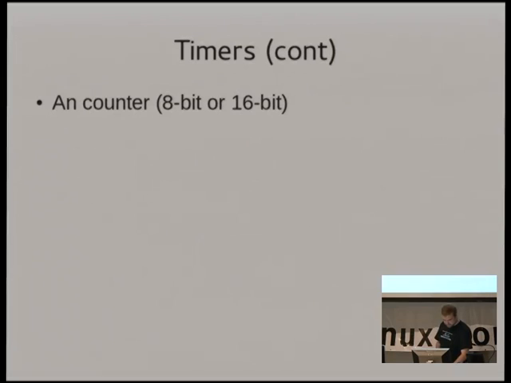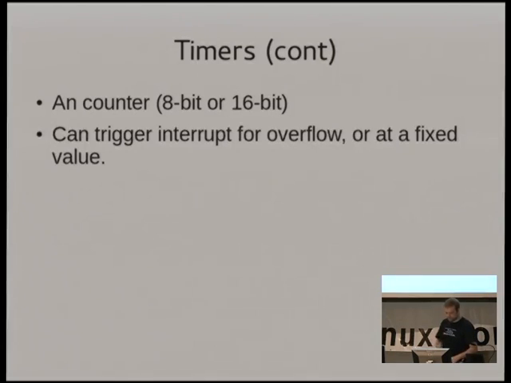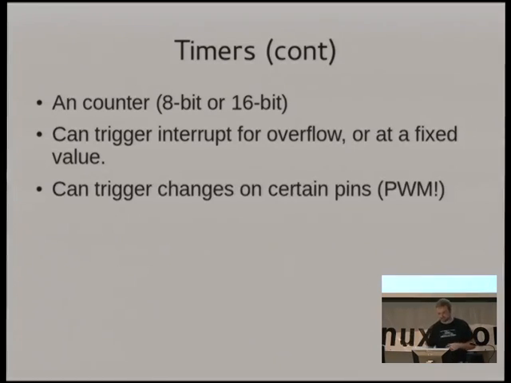So the timers are 8 or 16-bit. There are a fixed number on each chip, and each one is of a fixed type. So you might have an 8-bit timer and a 16-bit timer, or some combination of them. You can trigger an interrupt for an overflow, or you can trigger an interrupt at a fixed value.